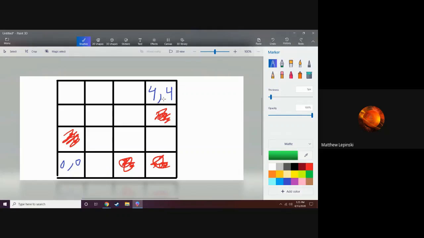You like these red spots. These red spots make you happy, but you're not going to go out of your way for them. You don't want to take more than 8 steps to get from 0, 0 to 4, 4. So you're required to only go east or only go north. You can't go south and you can't go west, right?